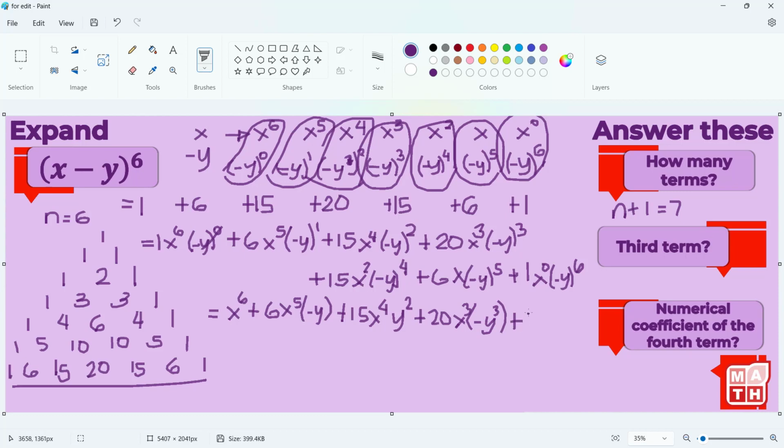Plus, you will have here, I believe we can still write it here, 15 x squared and then positive y to the power of 4 as we take the fourth power of negative y. Then let's have a little bit of space here, plus 6x times negative y to the power of 5.